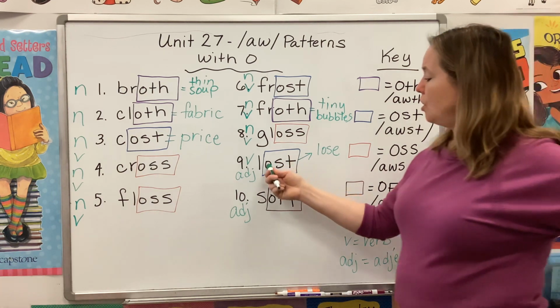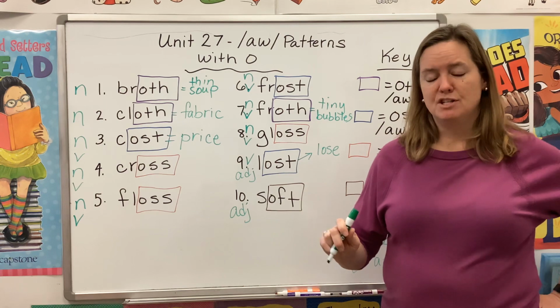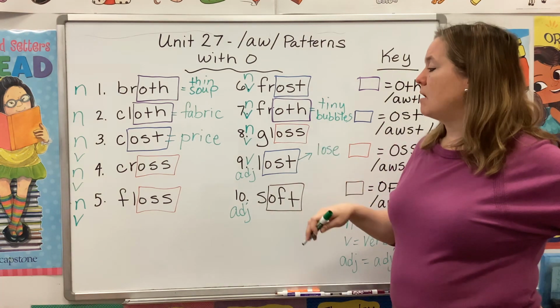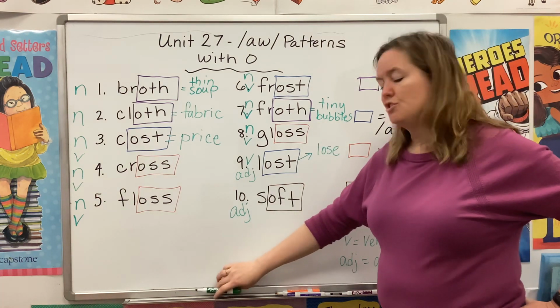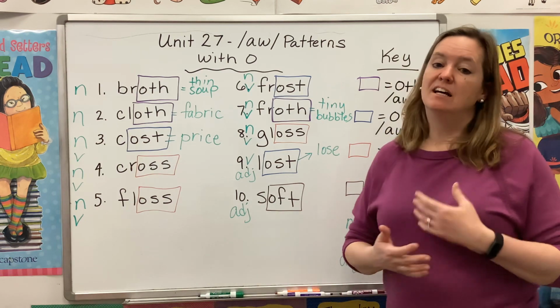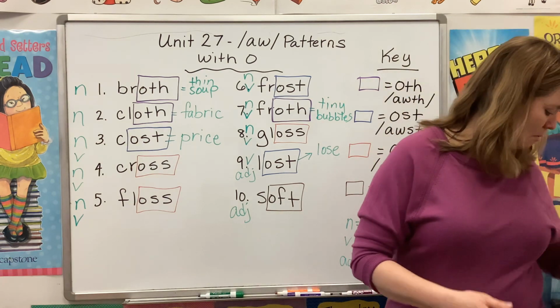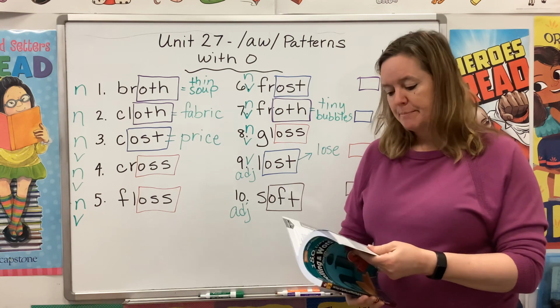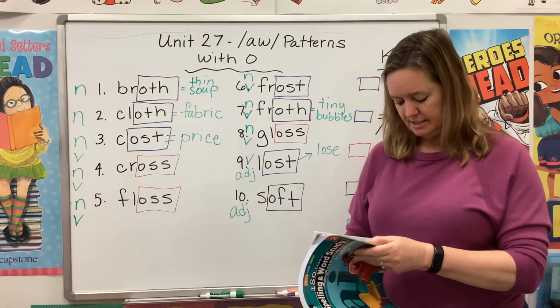Okay, so lost and soft are adjectives, but we can turn some other words into adjectives by adding a suffix. Now you're going to get more practice with this on page 171.